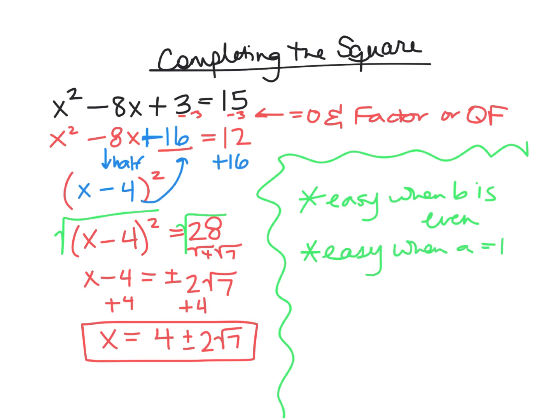It's not impossible to complete the square if there's a number out here, but there's a whole extra set of steps. So again, not impossible, but if we're talking about solving quadratics, I don't necessarily know that that is a simpler method than just setting this equal to 0 and trying to factor or use the quadratic formula.